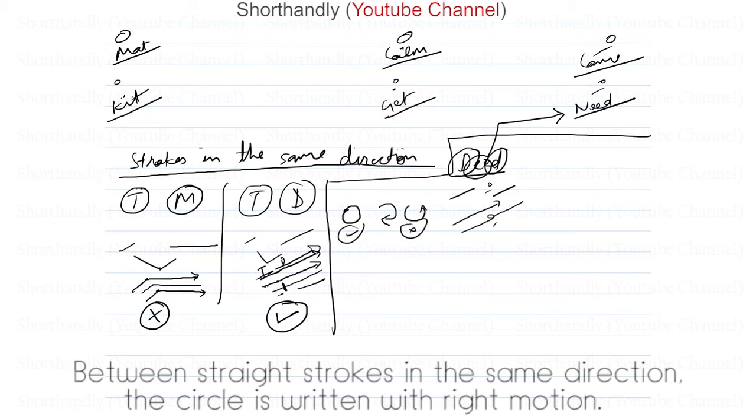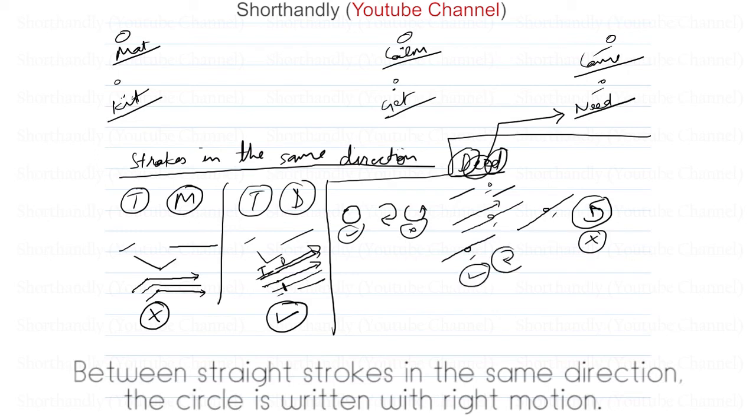What we did here, we made the D character like this. As you saw, we used left motion, the left rotation, which is absolutely wrong. So instead of making the character like this, we'll make it like this. This is a right rotation, so this one is perfectly right.